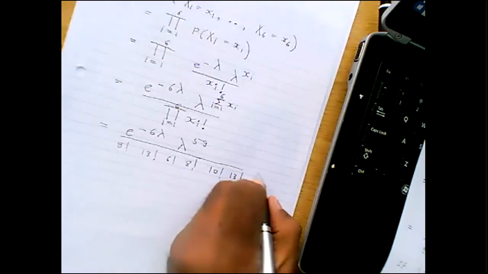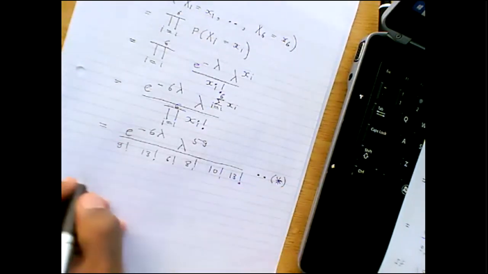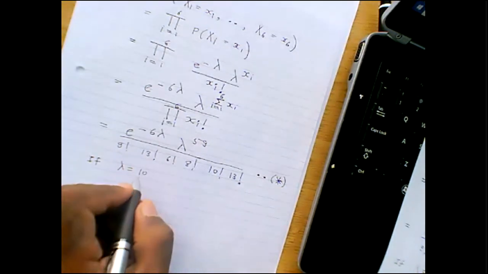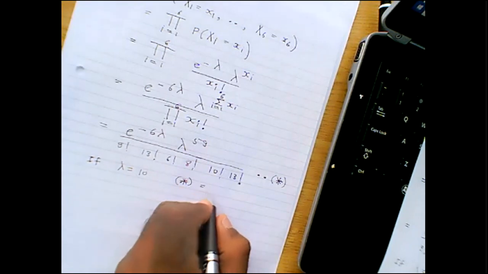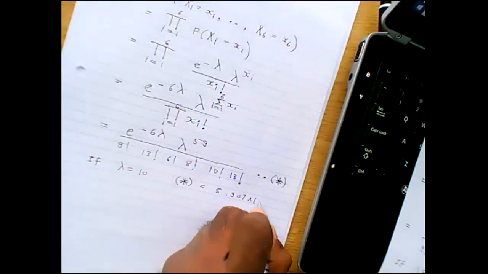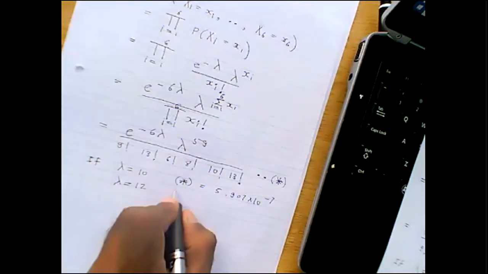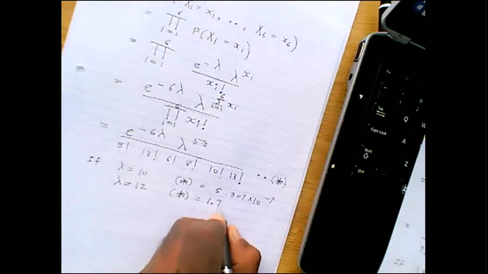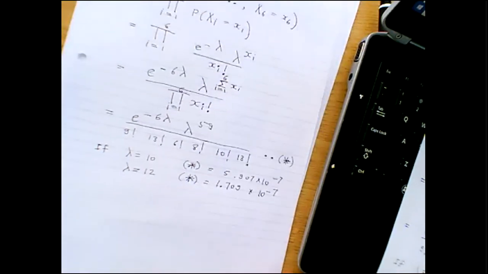Let me call this star. Now if lambda is equal to 10, then if you have a calculator, you can work out the value for star to be this. And if lambda is equal to 12, then star turns out to be equal to this, right?